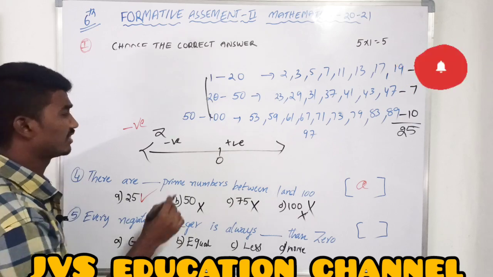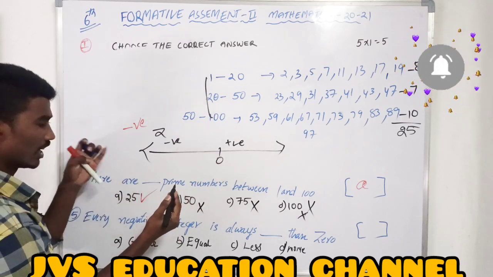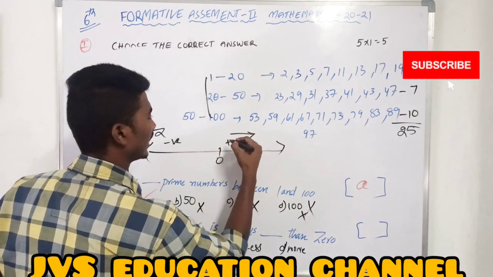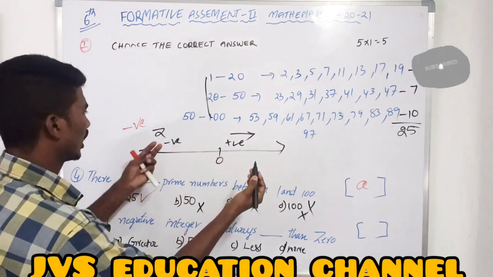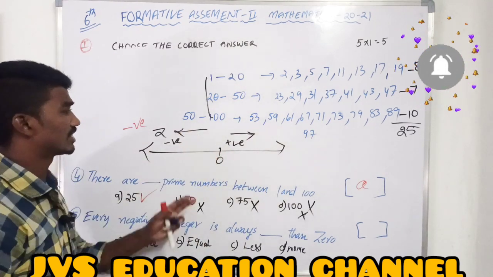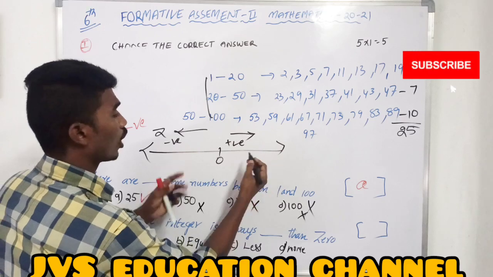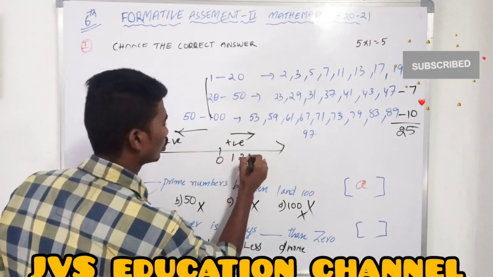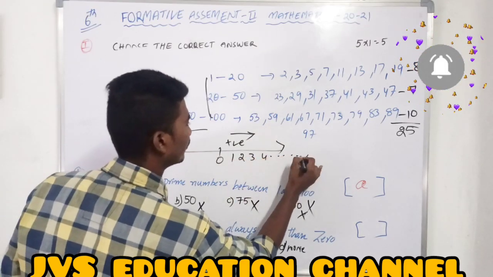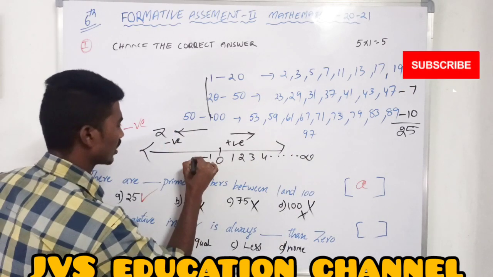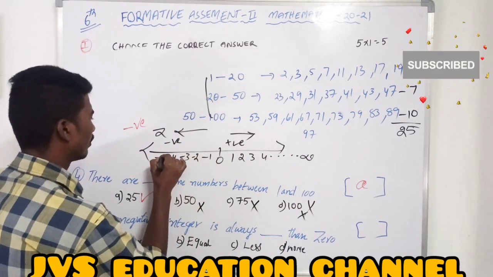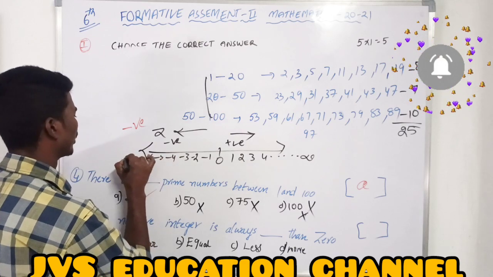In this number line, from left to right values increase, and from right to left values decrease. On the right side we have plus values 1, 2, 3, 4 and so on to infinity. On this side we have -1, -2, -3, -4, -5, -6 and so on to infinity.